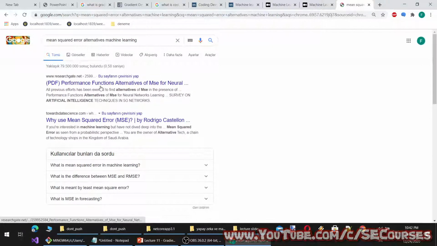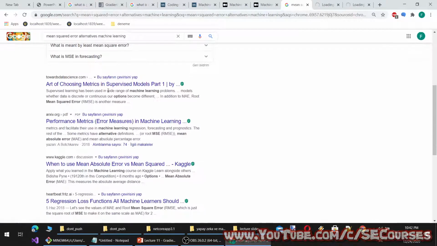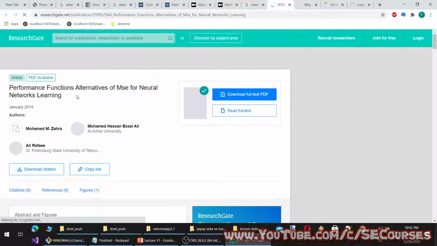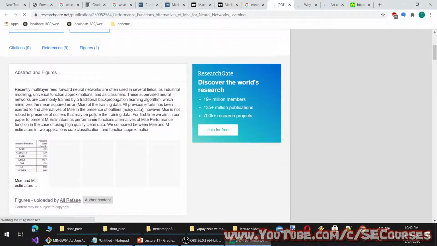Let's check the alternatives. You see performance functions, alternatives of mean squared error for neural network learning. So they have studied and published an article.